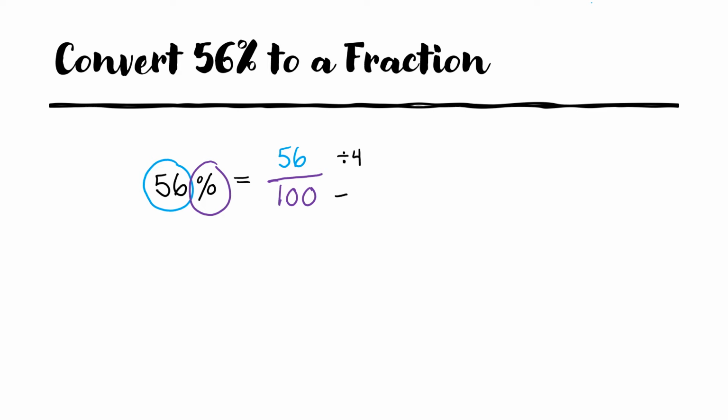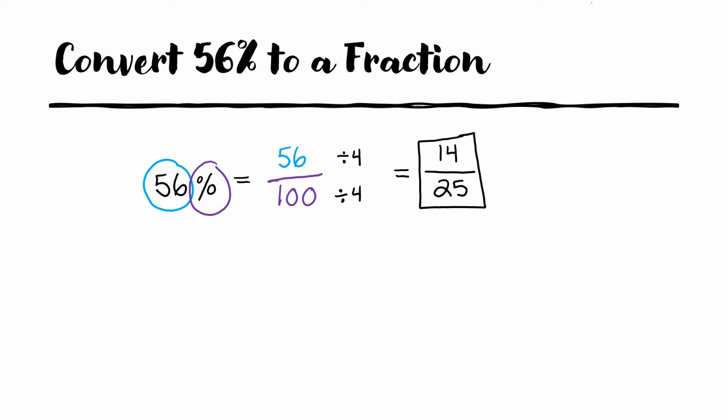So we'll divide the numerator and denominator both by 4. 56 divided by 4 is 14, and 100 divided by 4 is 25. So 56% represented as a fraction is 14/25.